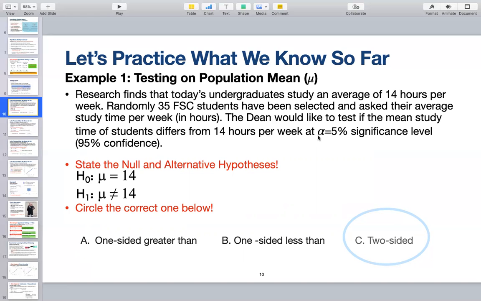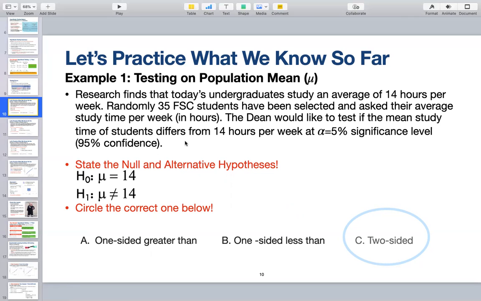And 1 minus alpha gives us the confidence level of this test. You might be a little confused at this point about what alpha is and what 95% confidence is. Just assume that we can control the type 1 error, and remember, type 1 error is rejecting the null hypothesis when the null hypothesis is true.